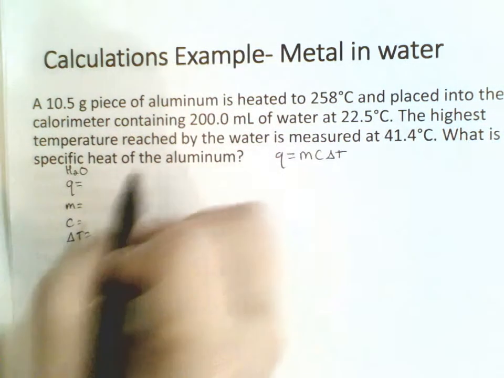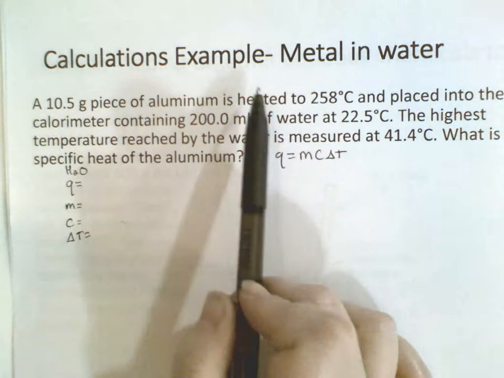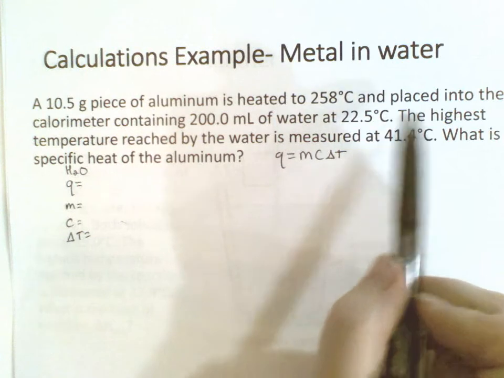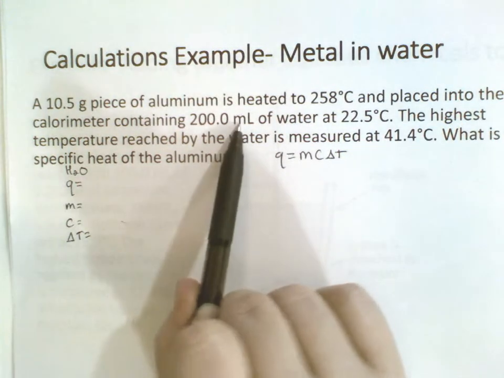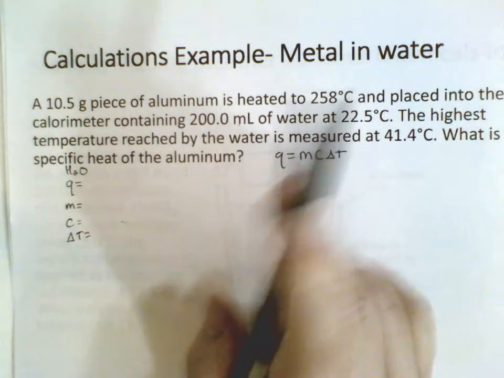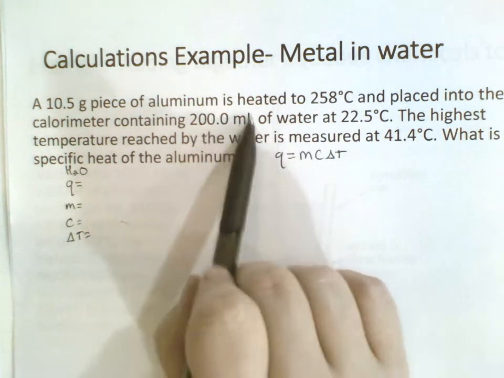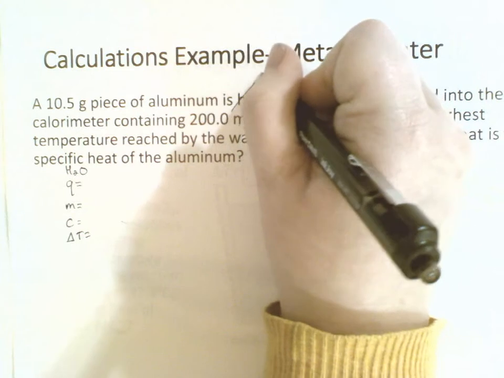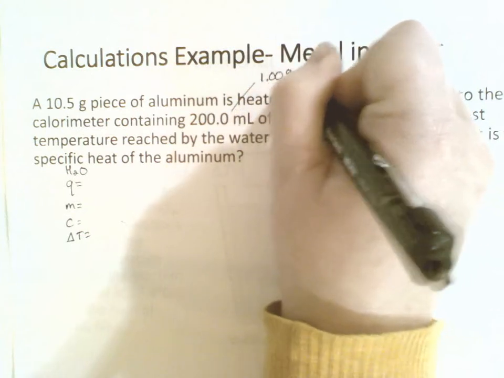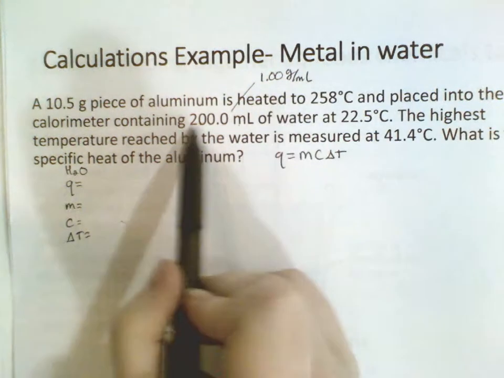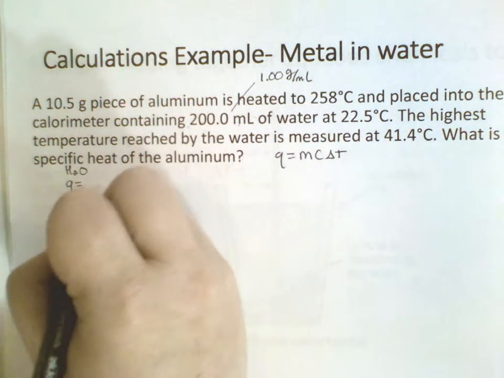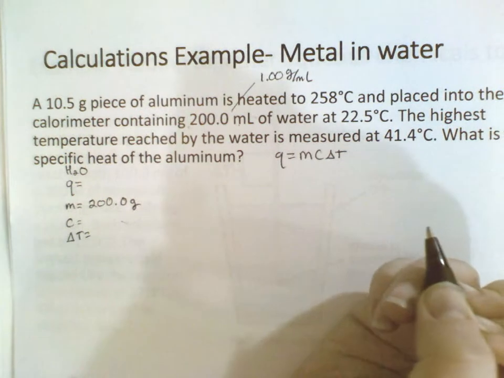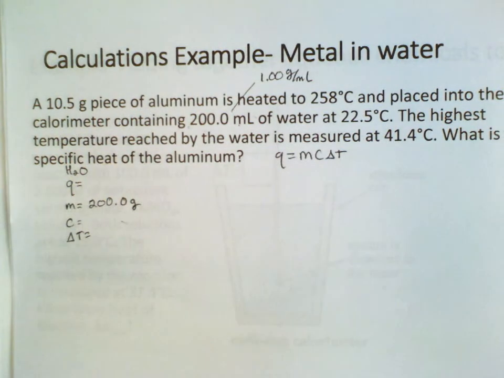Looking at our information here, we have that our metal is placed in 200 milliliters of water. Anytime we're dealing with water or an aqueous solution, we know that water's density is 1 gram per milliliter. So if you're measuring out 200 milliliters, that's the same as having 200 grams of water. They're equivalent to each other.